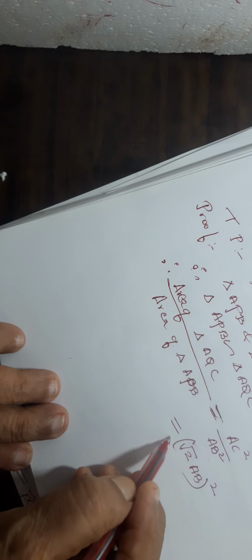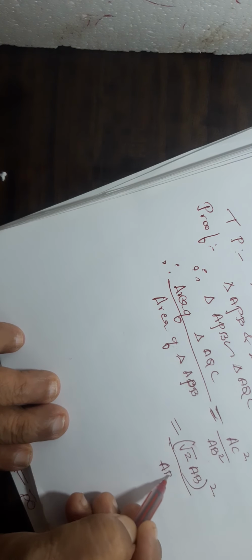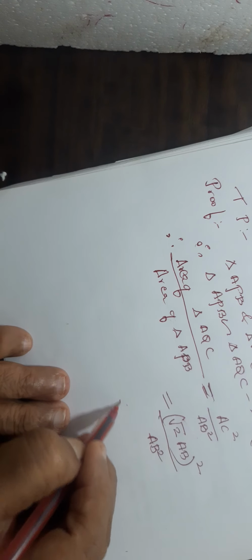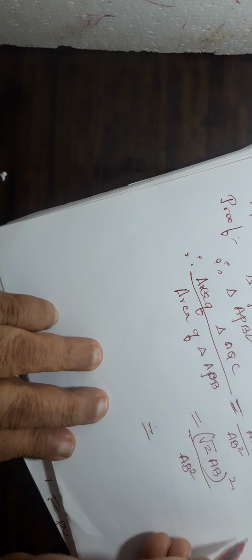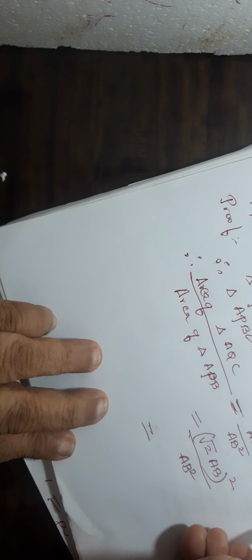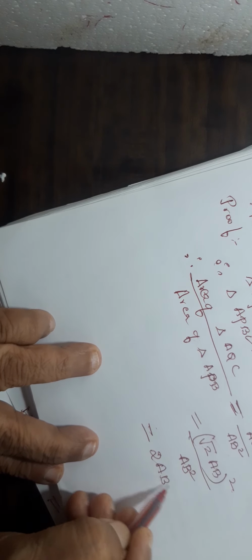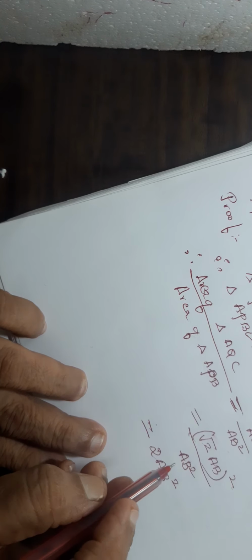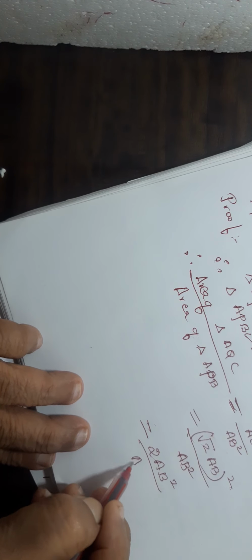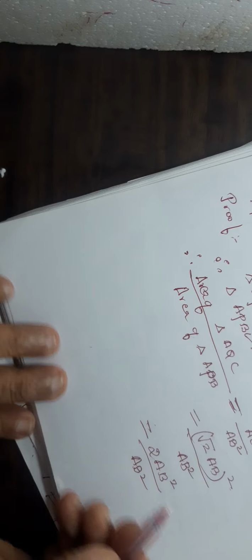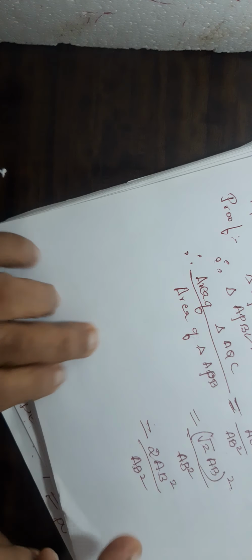So root 2 AB the whole squared, and here AB squared. Now this will be equal to root 2 the whole squared is 2, root 2 into root 2 is 2. So 2 AB squared by AB squared.